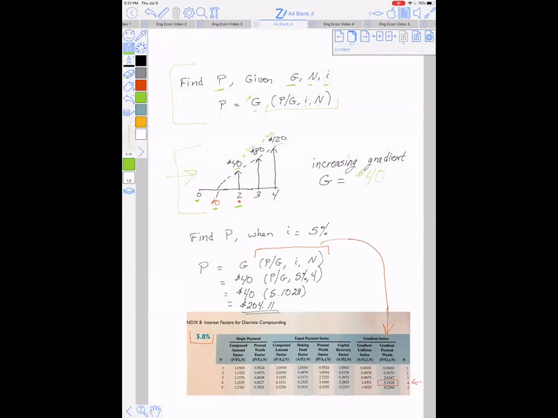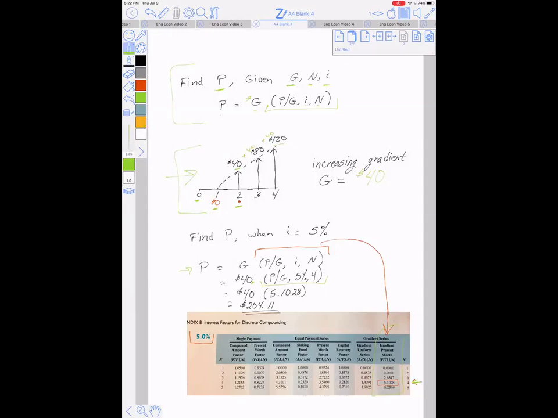Let's do an example here. We'll find the present value of this gradient when the interest rate is 5%. So find P given G of $40 times a factor from the 5% interest table, in the gradient series, gradient present worth, find P given G, and then the 4-year line.